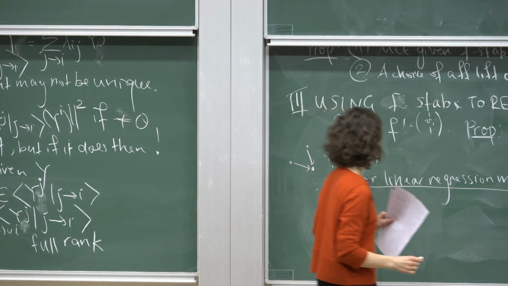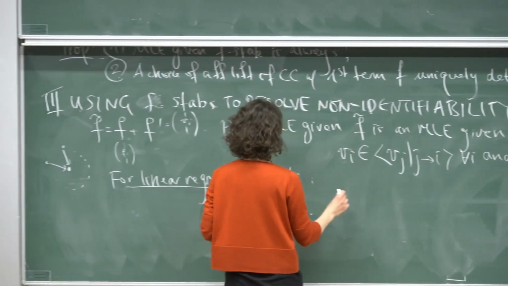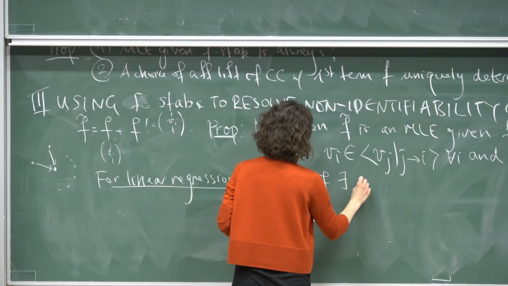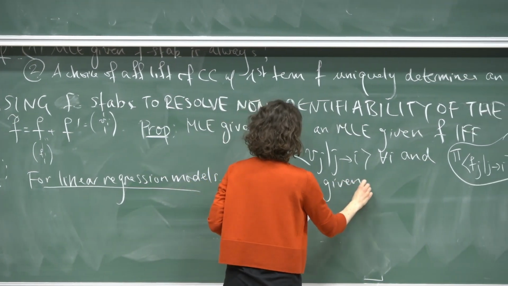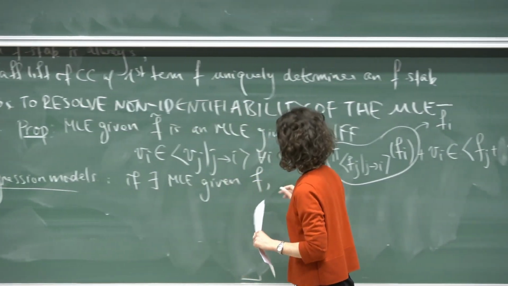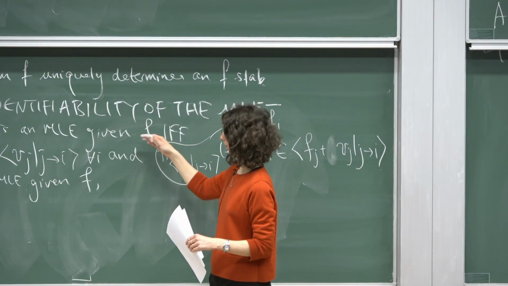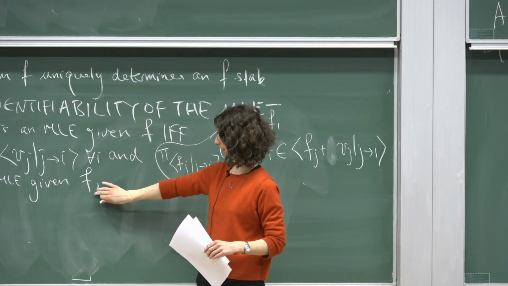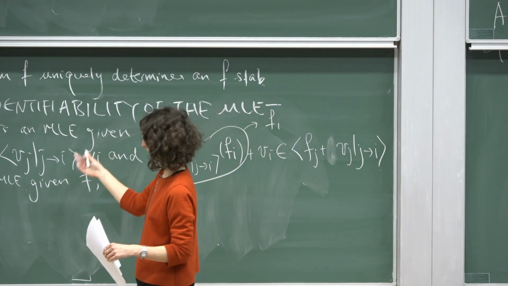So for this particular class of graphs, what we can show is that if there exists at least one MLE given f, then no matter what f stabilization you take, the MLE given that stabilization will always be an MLE given f, and moreover, it will always be the same one. It will be independent of which stabilization you pick.